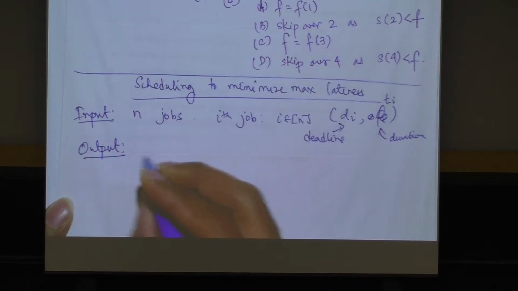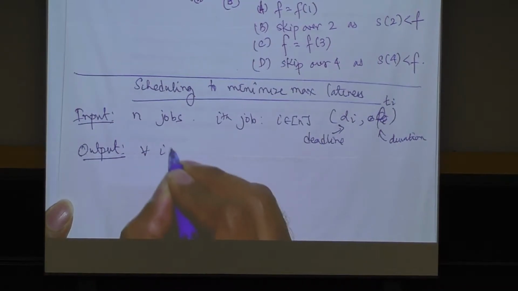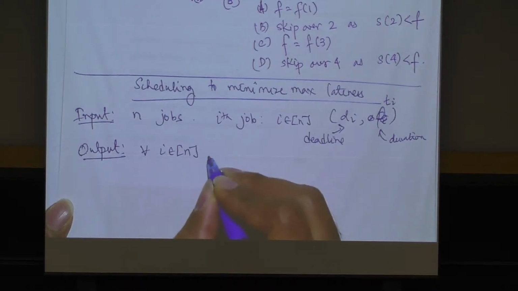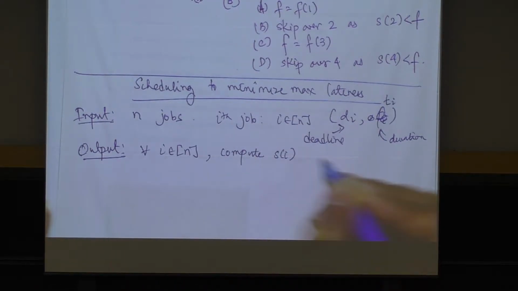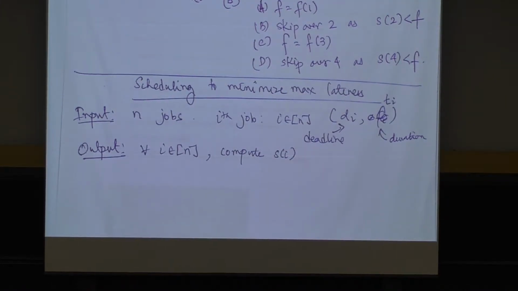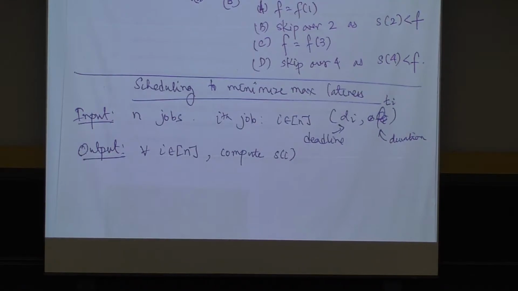And as output, what you want to do is you have to schedule each job. What that means is you have to compute its start time. And this, again, coming back to Evan's point, is a non-preemptive job. So once you fix the start time, the finish time is automatically determined because you have to go ahead and complete it.